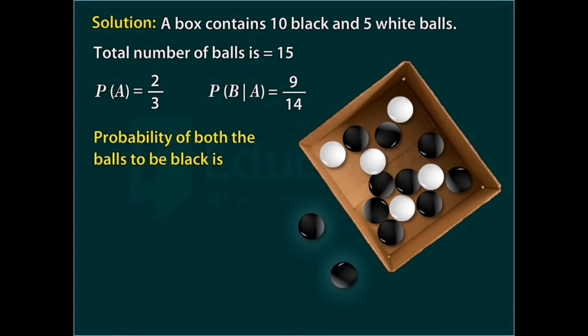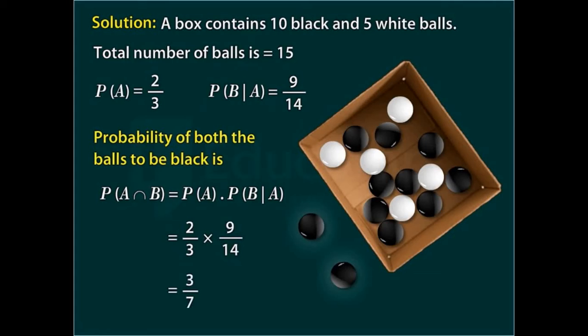Probability of both balls to be black is P of A intersection B equals P of A into P of B given that A has occurred, which is 2 by 3 into 9 by 14. This results in 3 by 7.